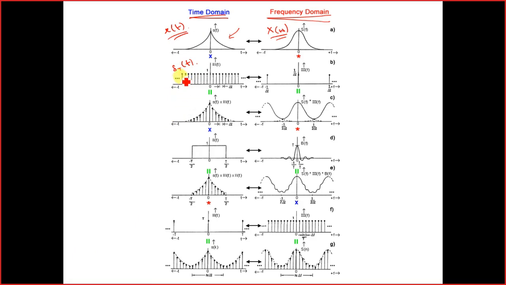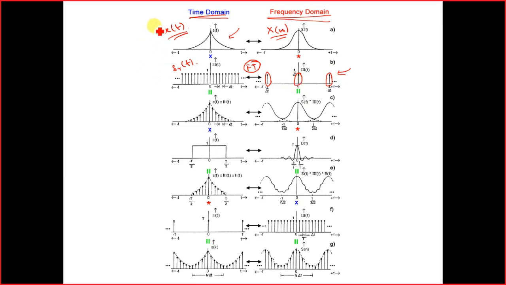It is interesting to note that the Fourier transform of an impulse train is also an impulse train. At frequency equal to 0 we have an impulse, and then at periodic points we have impulses which repeat themselves.